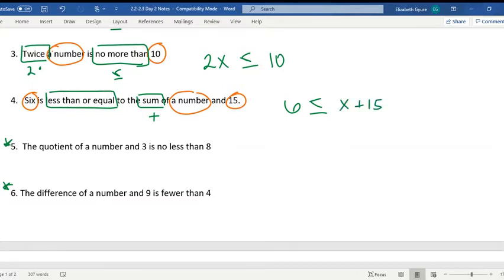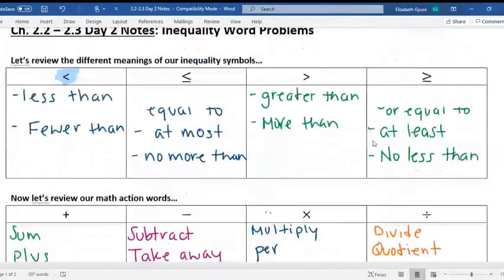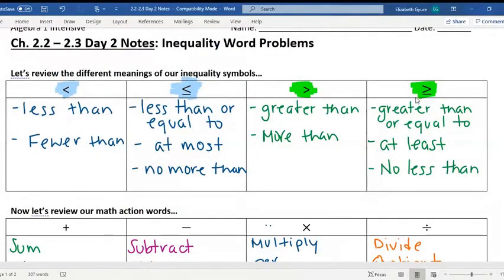Let's go over these. The quotient of a number and 3 is no less than 8. Bailey, what did you write down for number 5? Good. Well, yeah, so is no less than, we would write, you wrote the correct one, you just said the wrong one.